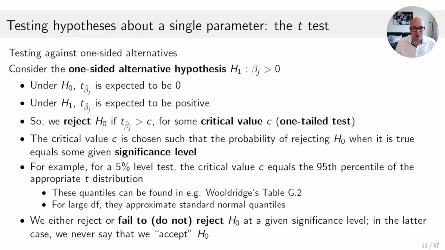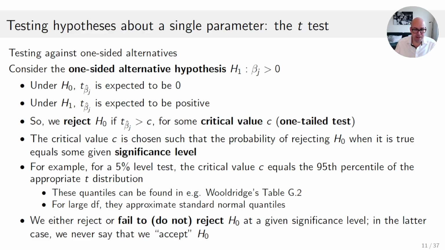Now, how do we choose that critical value C? Well, we choose it so that the probability of rejecting the null when it is true equals some given significance level. Typical significance level is 5%, so that gives a 5% level test, and for that 5% level, the critical value C equals the 95th percentile of the appropriate t-distribution.